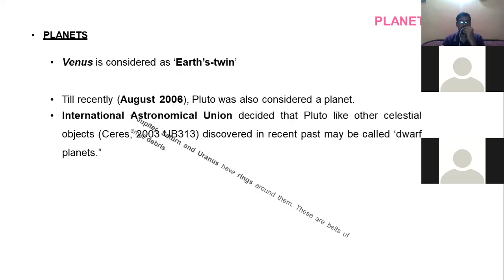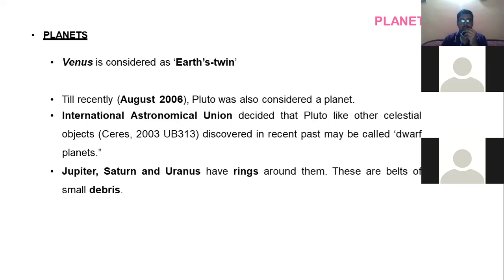There is a concept that when some scientists mapped the image of Venus, they decided it had features like Earth's.